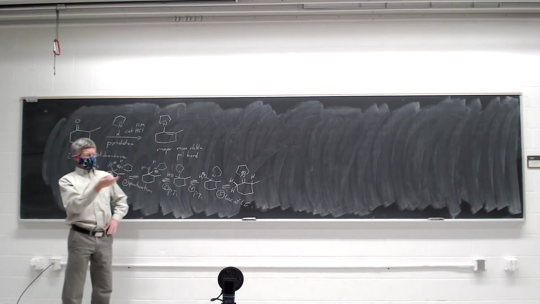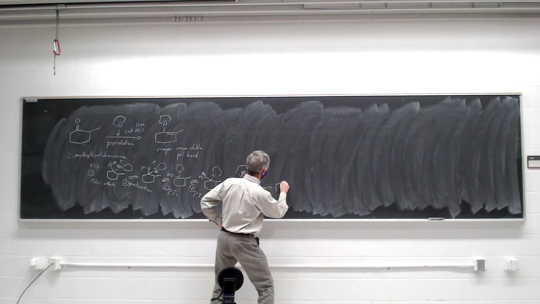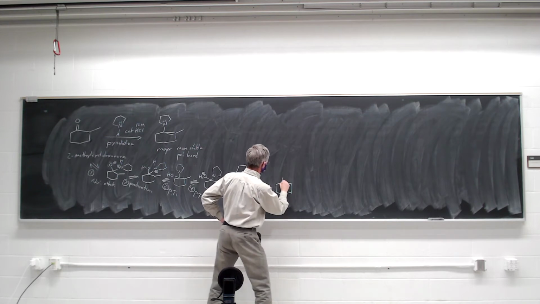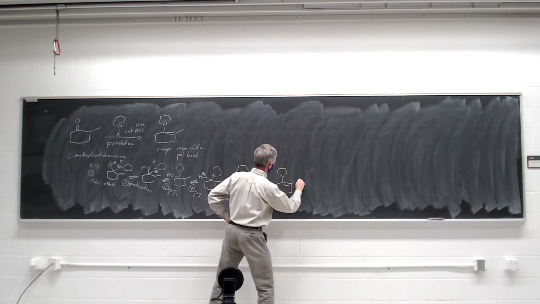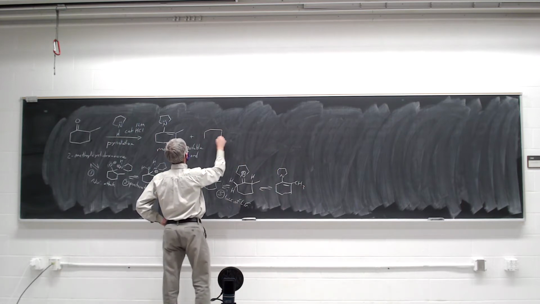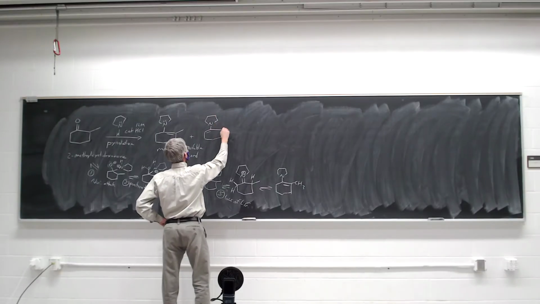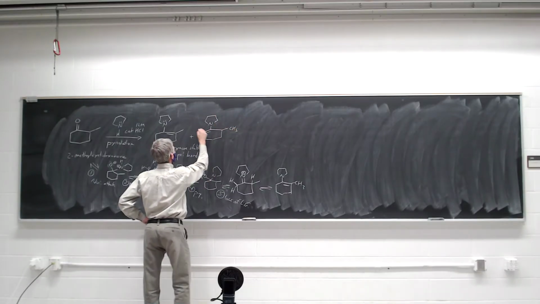And because this reaction is all equilibrium, we would expect the more stable product to be the dominant product. But we will also get some of the less stable product.